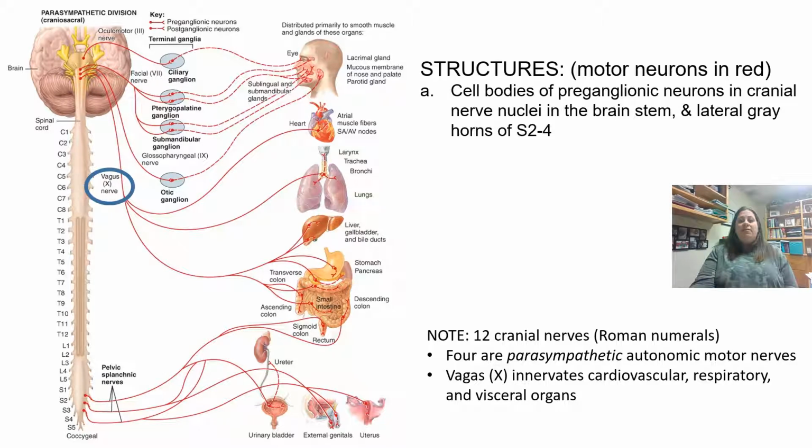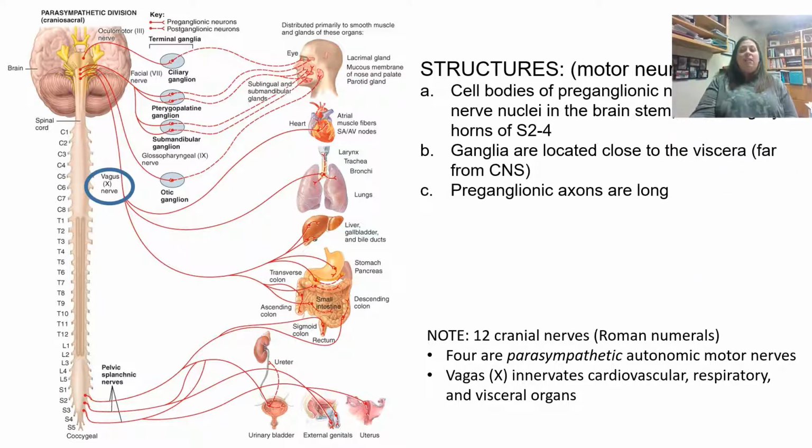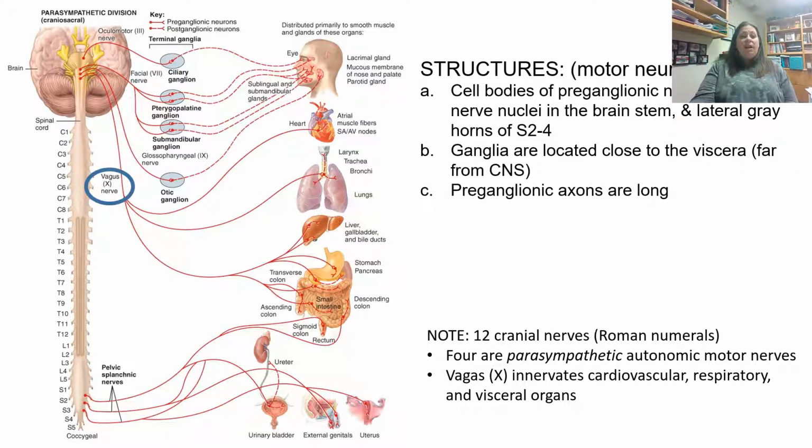The cell bodies of the preganglionic neurons are going to be found in the cranial nerve nuclei in the brainstem, and also the lateral gray horn of S2 through S4. The ganglia are located closer to the visceral organs, or farther away from the central nervous system. The preganglionic axons then are long, okay, because they're going to travel and be closer to the organs themselves.